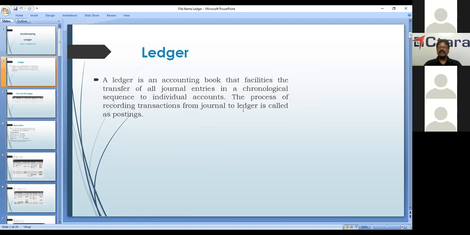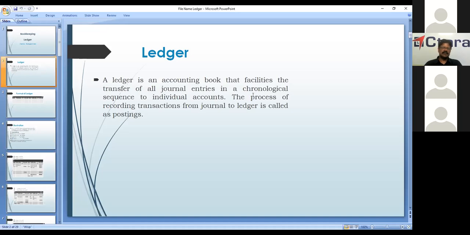If any transaction takes place, first we record it in the journal, that is journalization. From the journal, the next step is classification of transactions, that means transferring these entries from journal to ledger, and it is called posting.